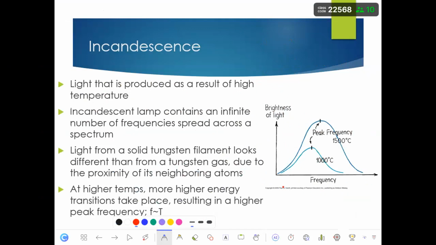As you can see in this graph, you will see the brightness of the light and the frequency of the light. Each atom has its own peak, and it changes with the temperature. By increasing the temperature, you would be able to get a different peak and different brightness.